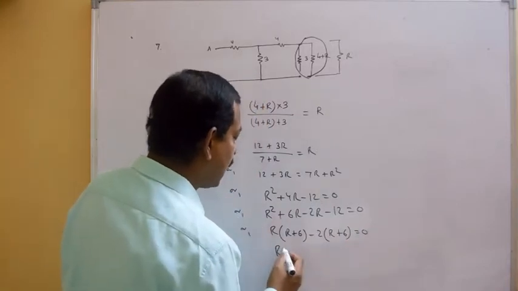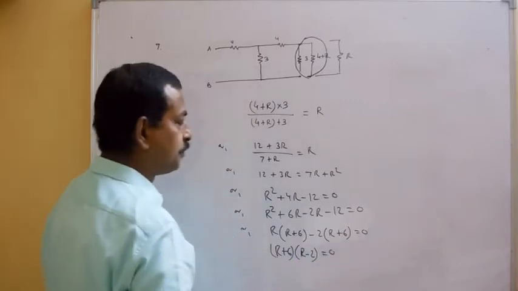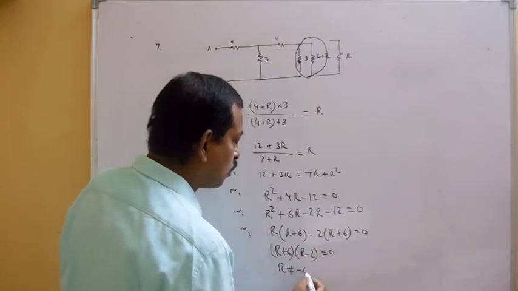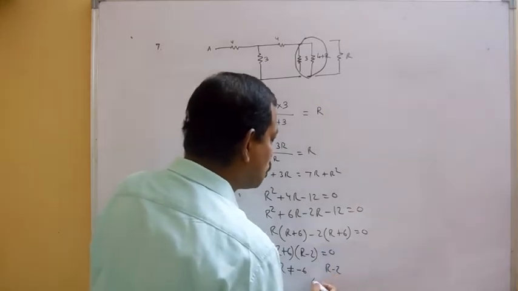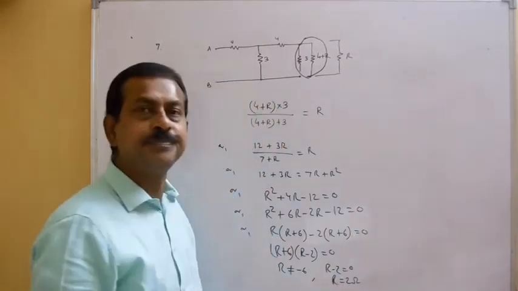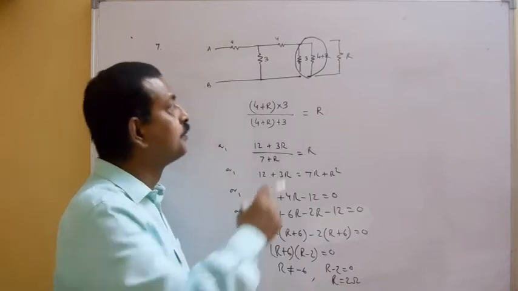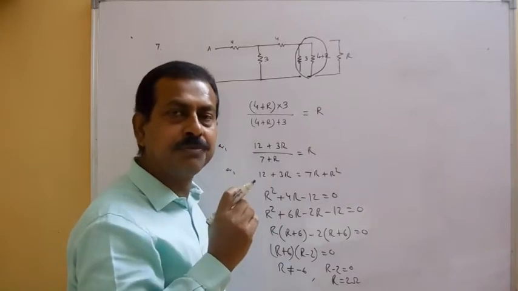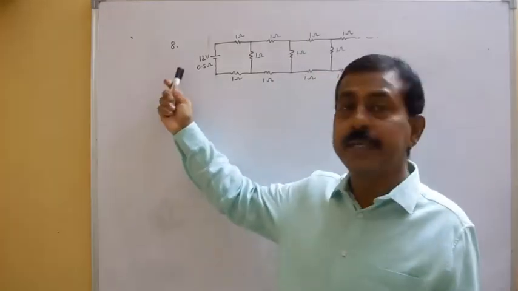So you will get (R plus 6)(R minus 2) equals 0. R cannot be equal to minus 6, so the only possibility is that R minus 2 is 0, or R equals 2. That will be the value of the resistance R which will make this given network independent of the number of units.